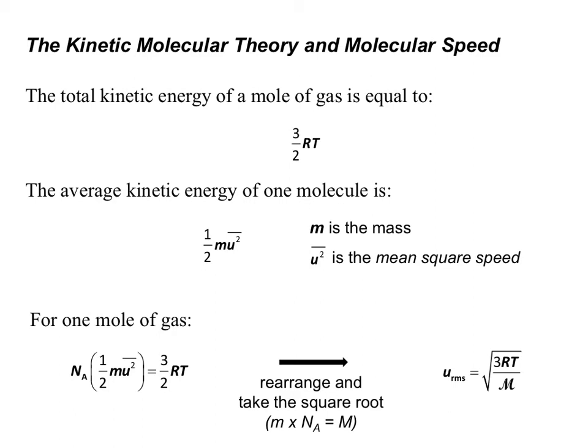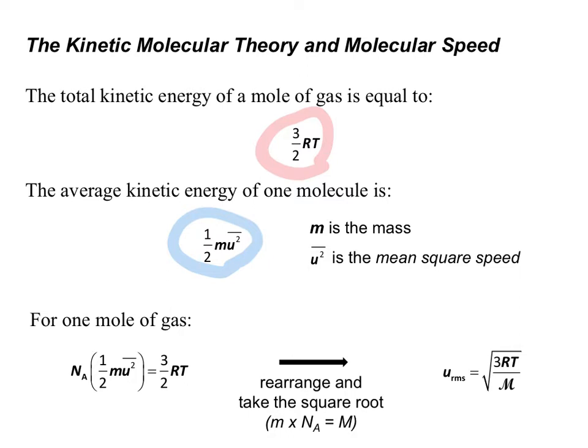The kinetic molecular theory and molecular speed. The total kinetic energy of a mole of a gas is equal to 3/2 ideal gas constant times temperature. The average kinetic energy of one molecule is half times the mass times the mean square speed.